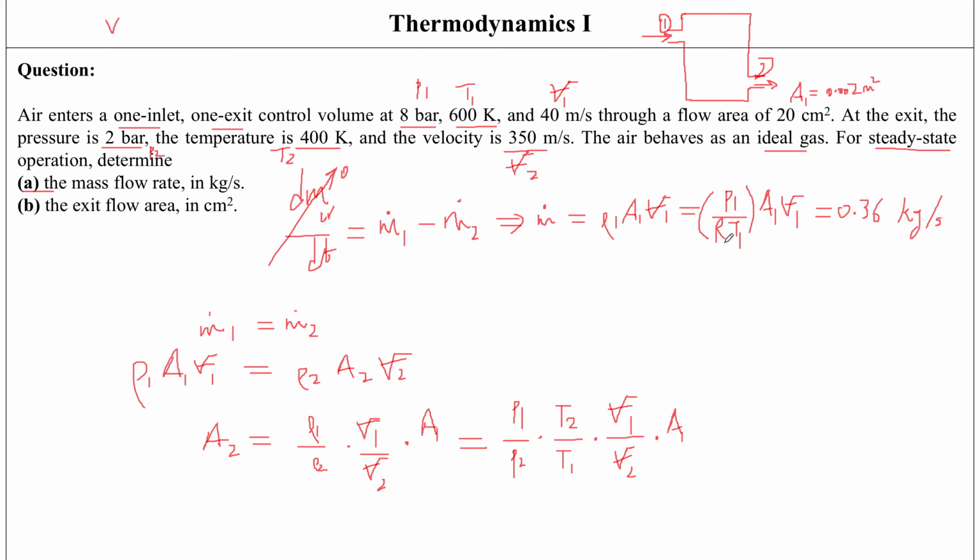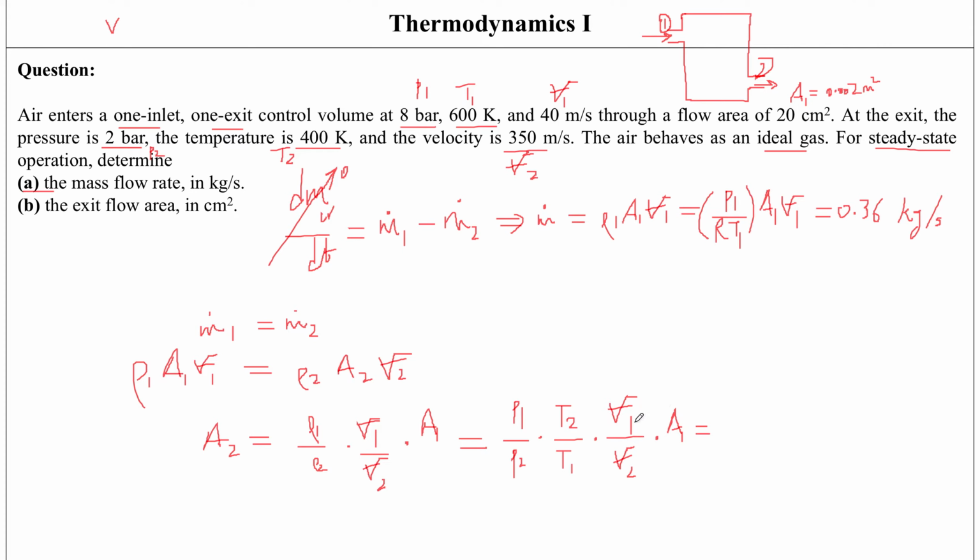Okay, so R is going to get cancelled out. Obviously, you're going to still have different temperatures that are given to you, T1 and T2, so those are going to stay in here. And now this is going to be equal to 8 by 2 into 400 by 600 kelvins. And kelvins get cancelled out, because these are ratios.